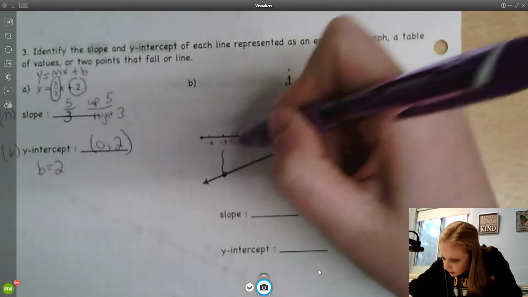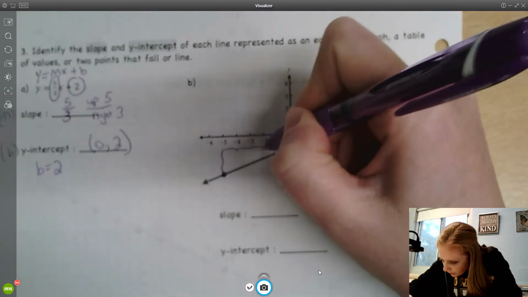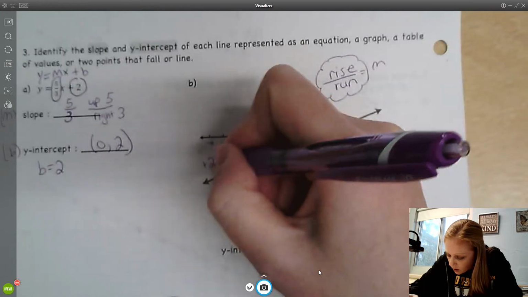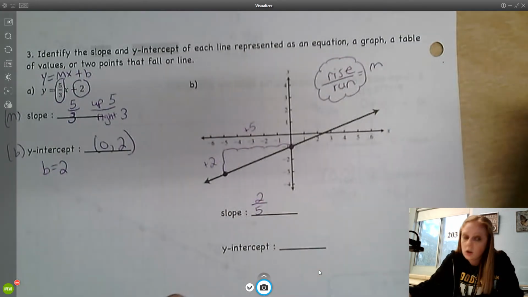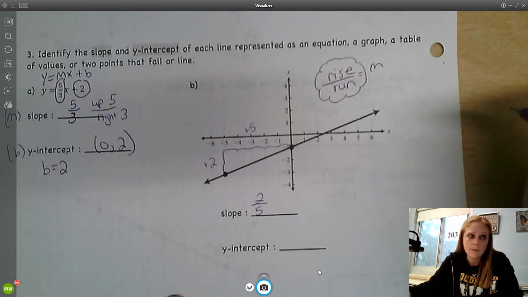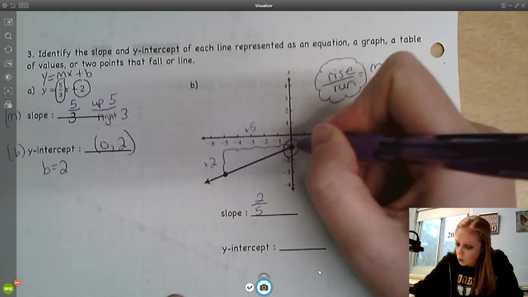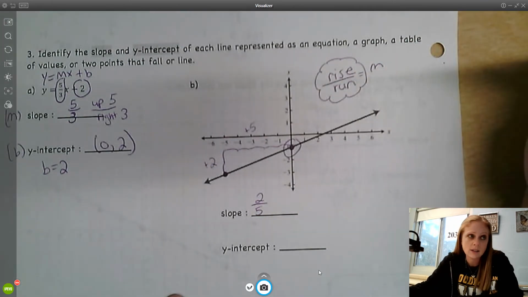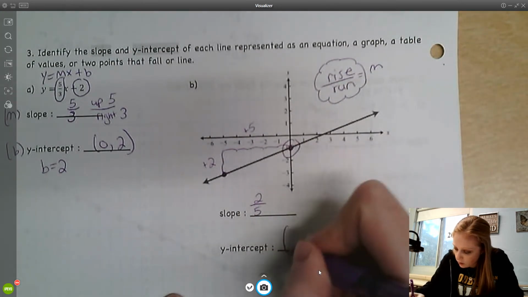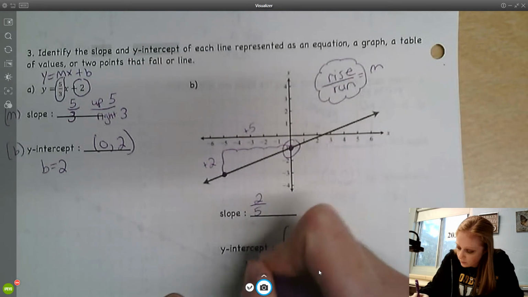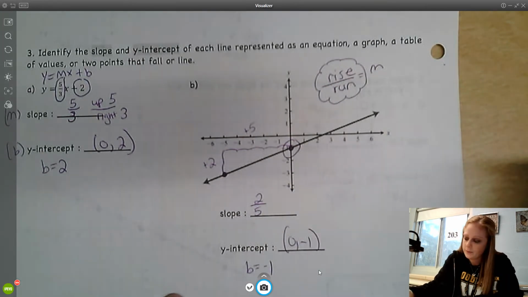And our run is going to be 1, 2, 3, 4, 5. Up 2, right 5. So positive 2 over 5. Rise over run. Our y-intercept is right here, where our line crosses the y-axis. So our line is crossing the y-axis at the point 0, negative 1. Our b is negative 1.